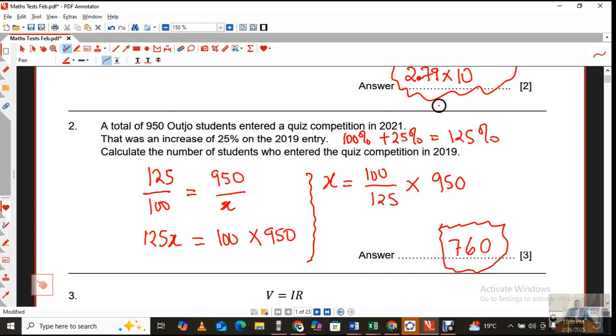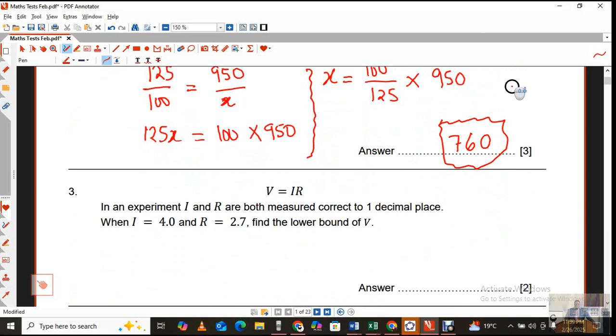All right, question 3. This question deals with lower bound and everything is measured correct to 1 decimal place. If you have 1 decimal place, which is the same as 0.1 or 1 over 10, and you divide that by 2, you should get 0.05, which is what you're going to be subtracting from both numbers since you are looking for the lower bound.